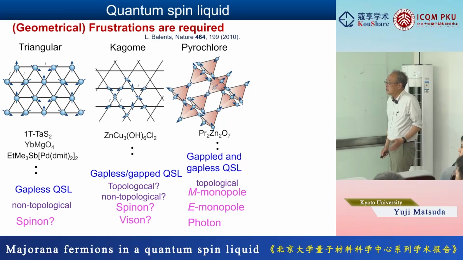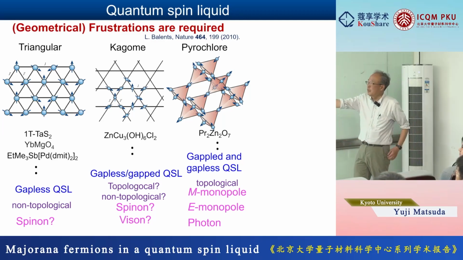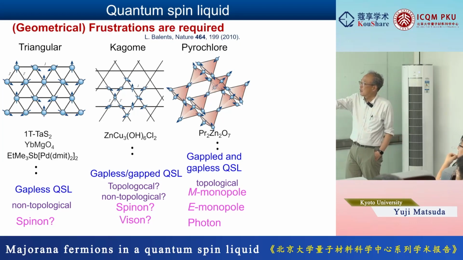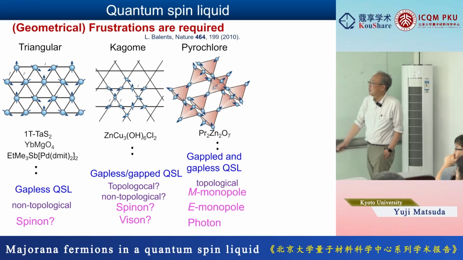It is generally believed that in dimension 2 or 3, geometrical fluctuations are required to stabilize the quantum spin liquid. The most famous examples of the geometrical fluctuation are the triangular, kagome and pyrochlore lattices. They always have a strong frustration effect. And many exotic particles, like spinons, bosons, monopoles and photons, have been proposed.